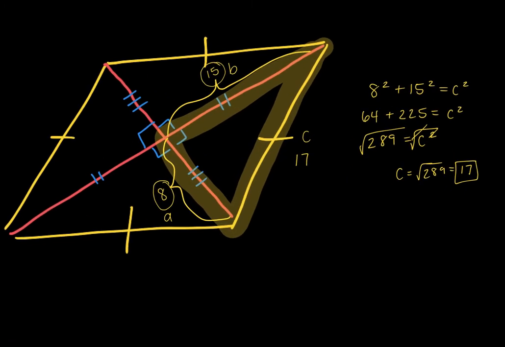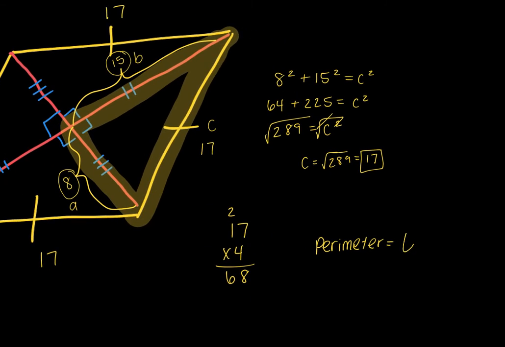Since all the sides are the same for a rhombus, each of these is 17. So we just take 17 and multiply it by 4. 17 times 4 is going to give us 68. So the perimeter is 68. Very good.